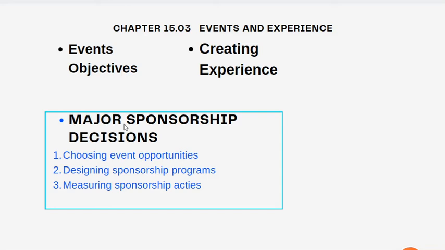Making sponsorships successful requires choosing the appropriate events, designing the optimal sponsorship program, and measuring the effects of sponsorship. The first one is choosing event opportunities. The second one is designing sponsorship programs. And the last one is measuring sponsorship activities.